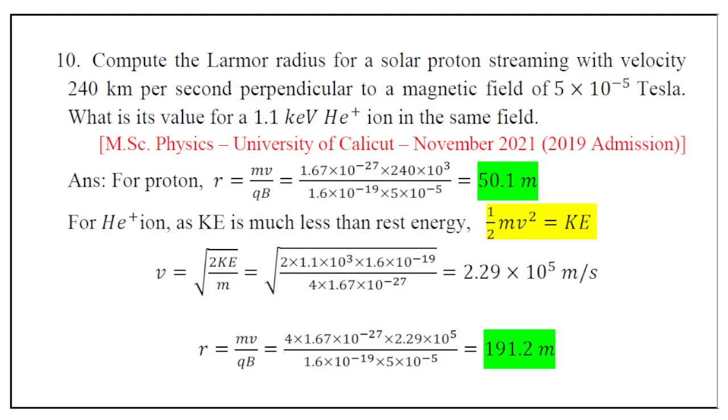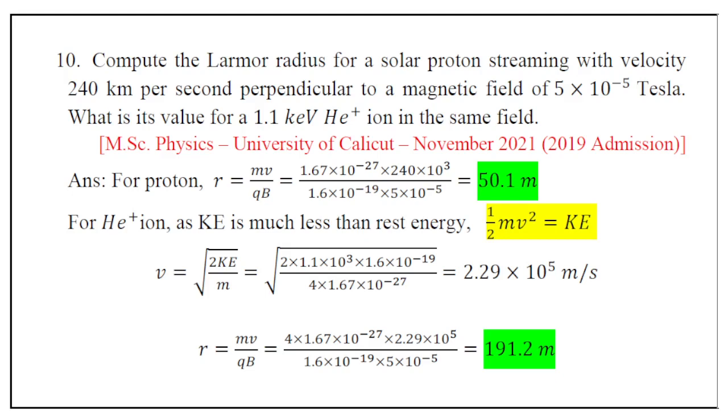And for the case of helium ion, we are provided with the kinetic energy of the ion. Velocity is not given, and kinetic energy of the ion is 1.1 kilo electron volt. It is much less than the rest energy of helium ion, so we can use the non-relativistic result for the kinetic energy. So half m v squared is equal to KE.